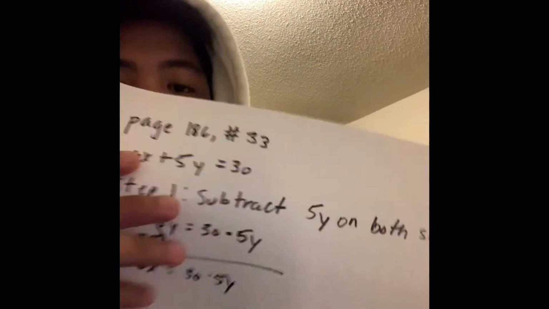Okay, 5y minus 5y is 0, so that cancels out. So let's cross that out. And when you solve it, you should have 6x equals 30 minus 5y. Should look like that.